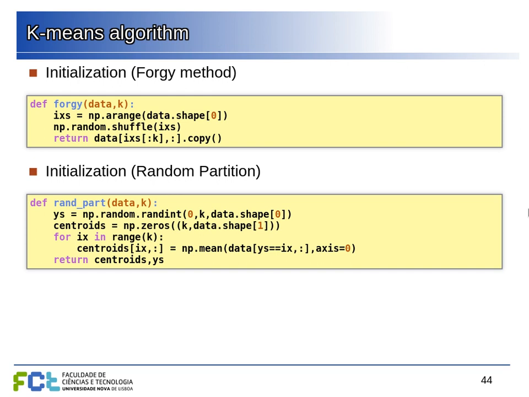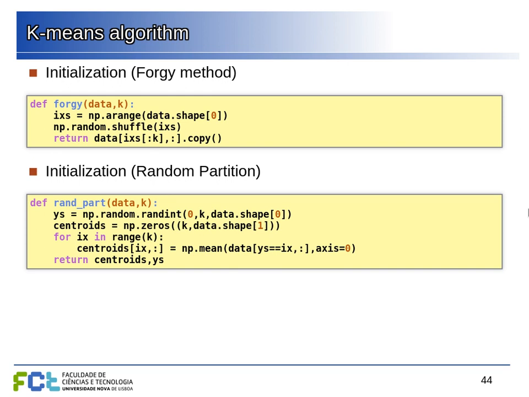So if we have k clusters, these are random values between 0 and k minus 1. And then we compute as the centroids, as the mean points, the prototype for the cluster, as the mean of all the points that were randomly assigned to that cluster. So this would be for random partition.